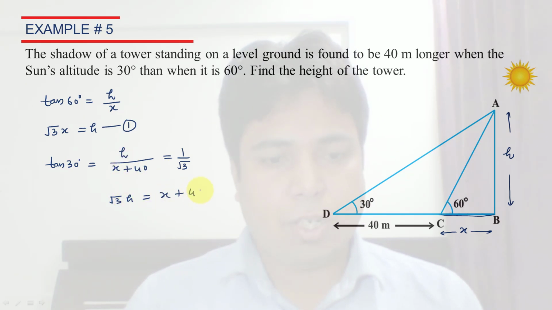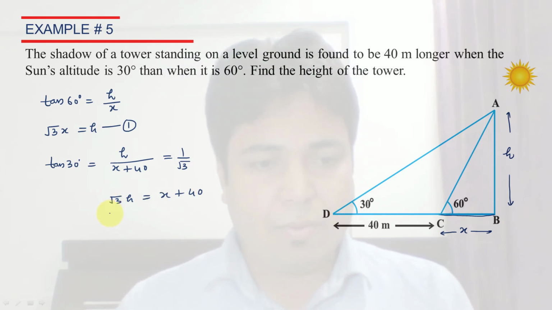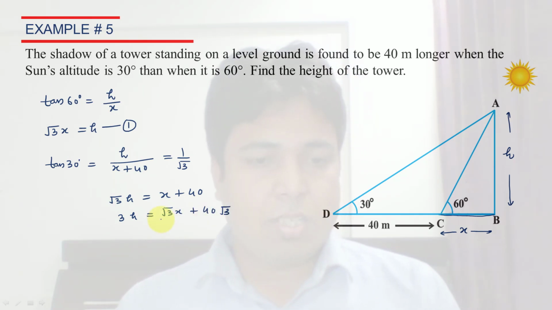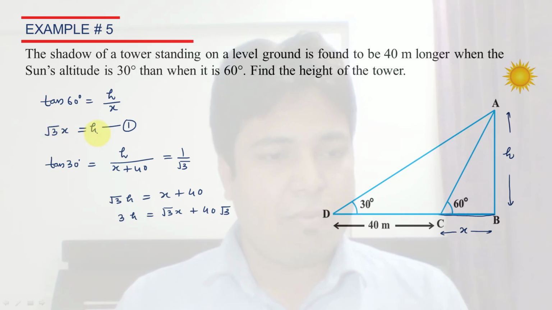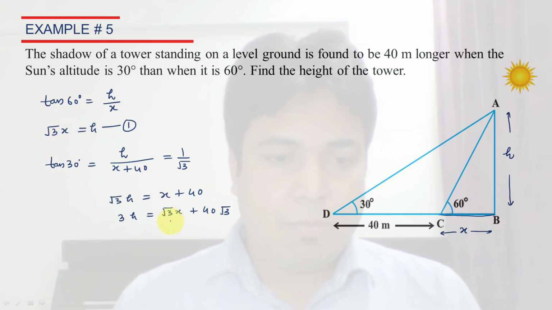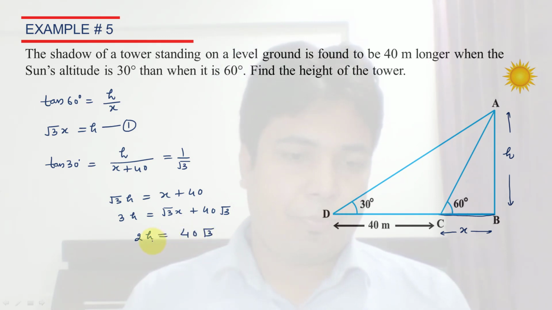So root 3 h is equal to x plus 40. Now if we multiply both sides by root 3, then we will get 3h is equal to root 3 x plus 40 root 3. Now the question is why we have multiplied by root 3, since we already have a relation root 3 x is equal to h. So we will replace root 3 x by h. So this becomes 2h is equal to 40 root 3.